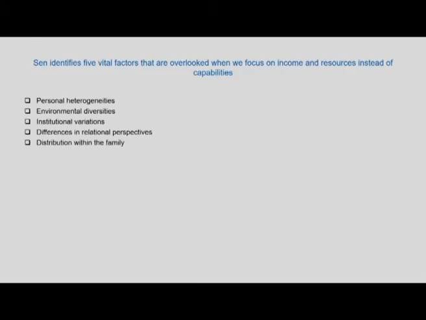And lastly, distribution within the family is very important. This is something that human development practitioners have been talking about for a considerably long period of time. It has been proved from empirical exercises that simply increasing incomes of a family is not enough, because while family incomes might have risen over a period of time, the distribution of resources within the family might be highly unequal.